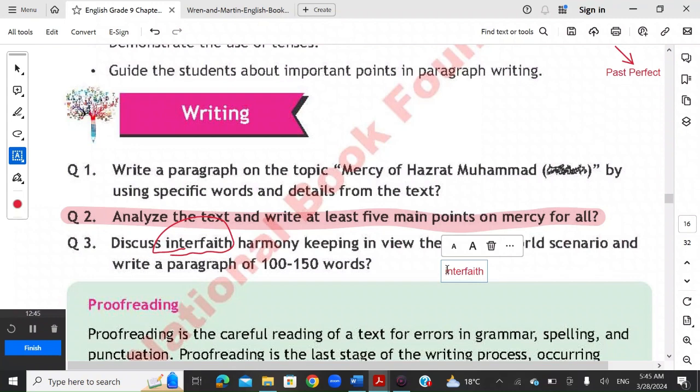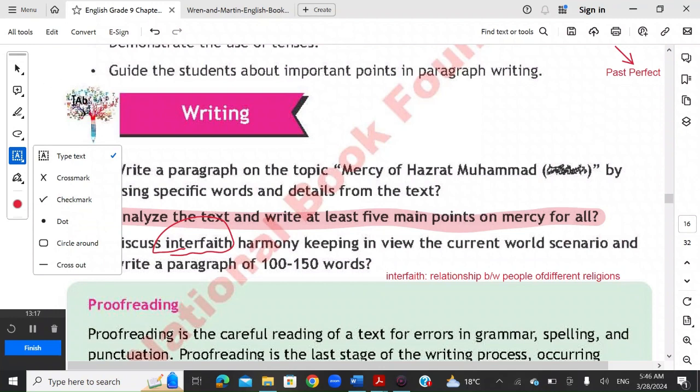Interfaith harmony is a relationship between different religions. People of different religions, you can see. Relationship between people of different religion.